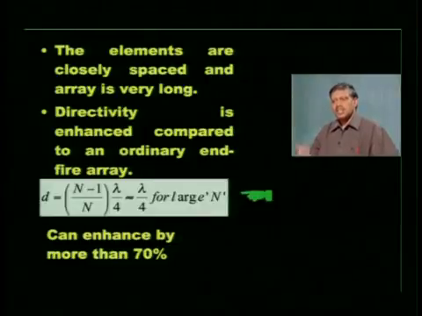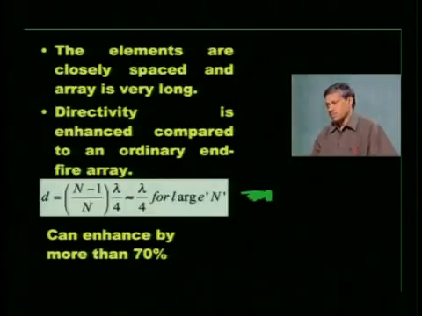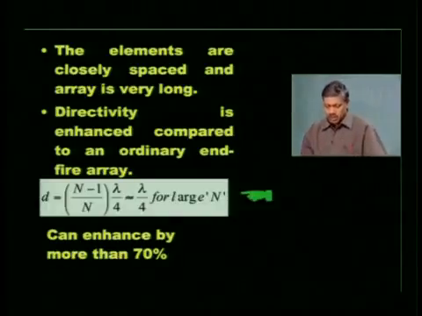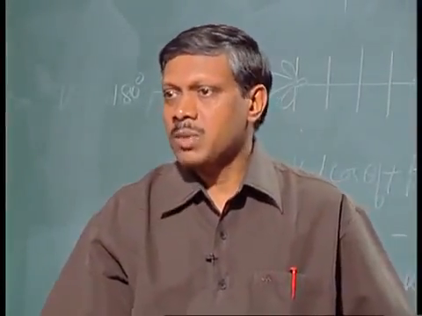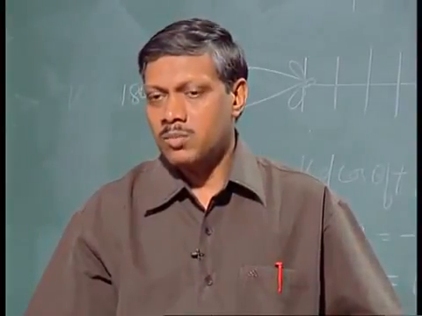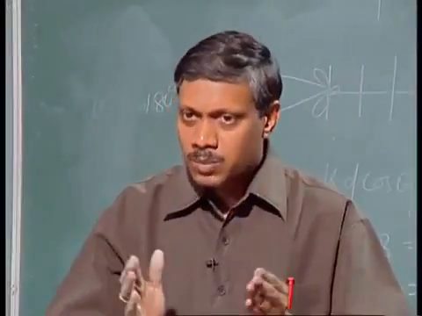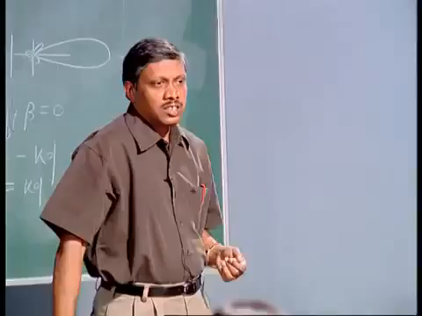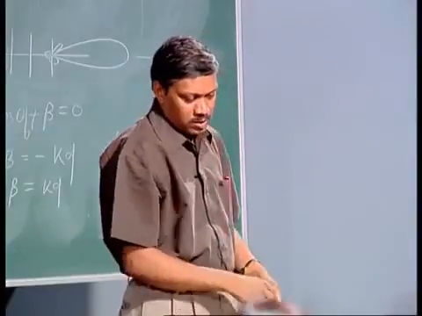So that is why the separation between elements under the Hansen-Woodyard condition is lambda by 4. Because of this pi by n addition, the array gives more than 70% enhancement in directivity. Depending on your spacing, you will get different enhancements, 73%, 74%. When we solve some problems in this direction, I will show you how it is done.